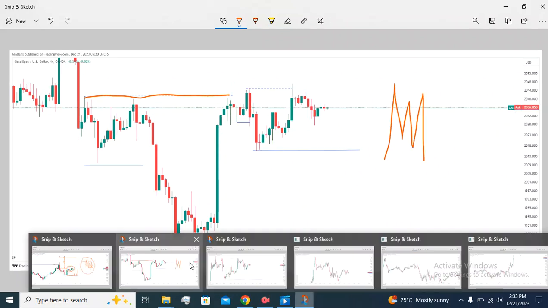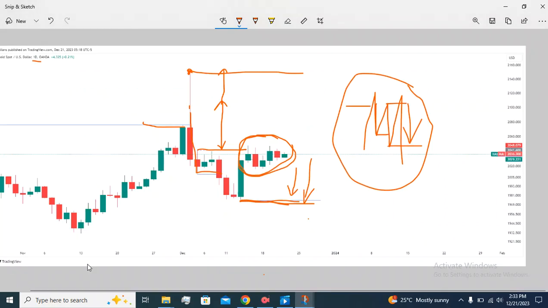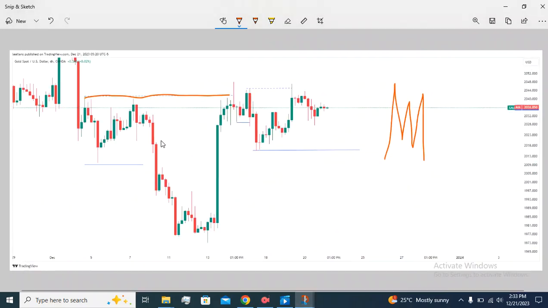Like this one here, let me show you. This line here is the one that has just taken this liquidity on the 4-hour time frame.